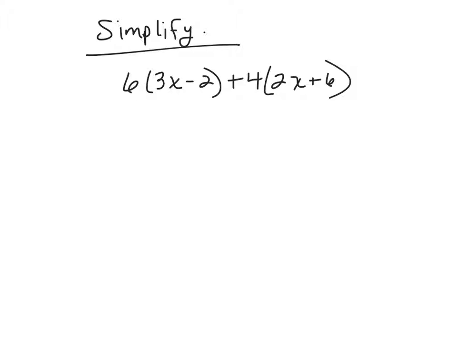So this is really something that we've done so many times on lots of problems. We can do a lot of combining like terms in all kinds of different problems. We know we have to clear the parentheses before we combine the like terms. So 6 times 3x is 18x. 6 times minus 2 is minus 12. Distribute the 4. 4 times 2x is 8x. 4 times 6 is 24.